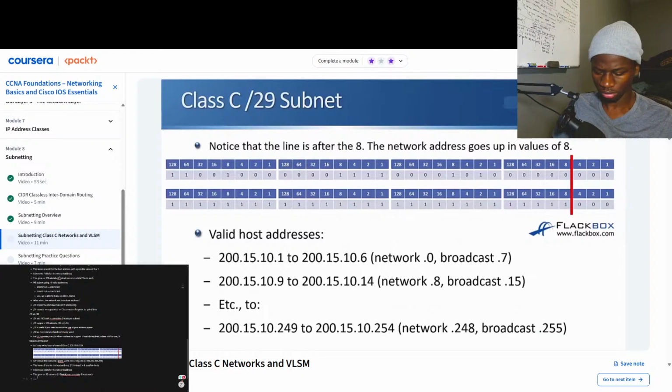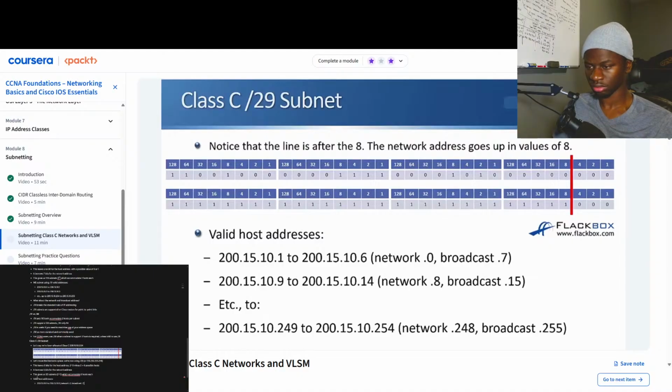The valid host addresses, notice that the line is after the 8. So the network addresses are going to go up in values of 8. The first one will be 0, then 8, then 16, and so on. So the first subnet, the network address is 0. The next subnet, the network address is 8. So the broadcast address for that first subnet must be 1 less. It's going to be 200.15.10.7 for our example.